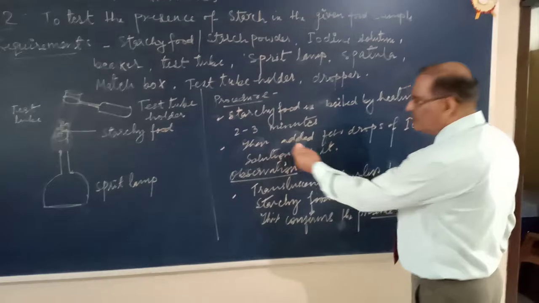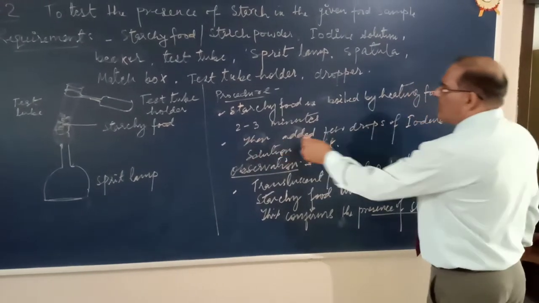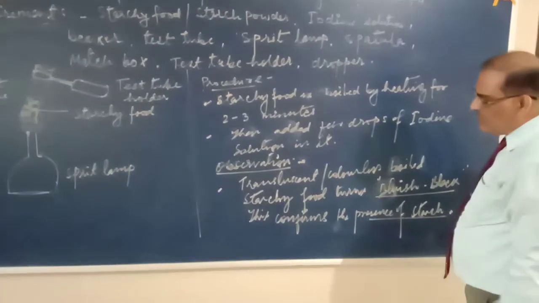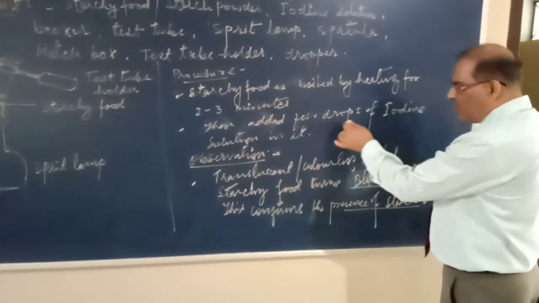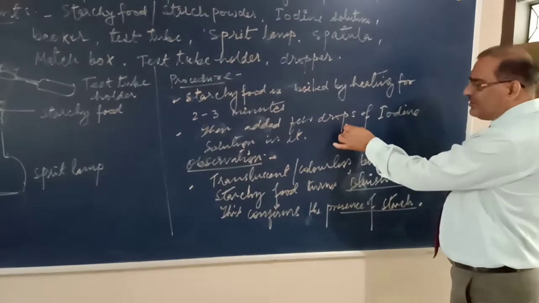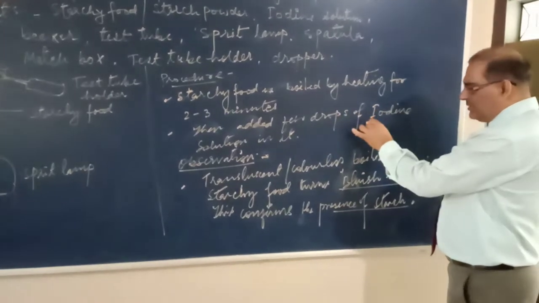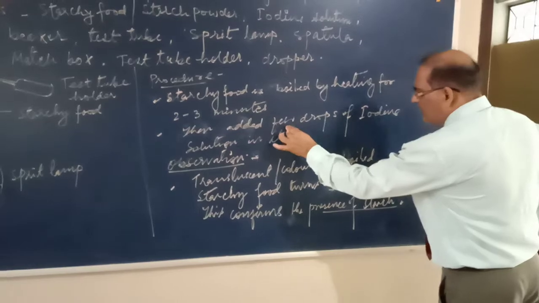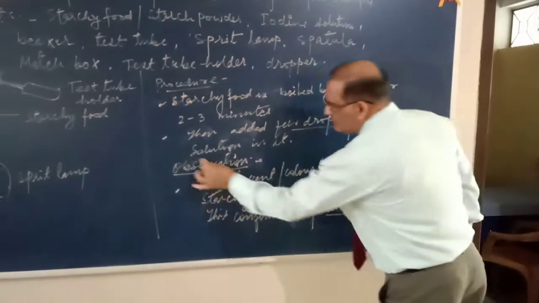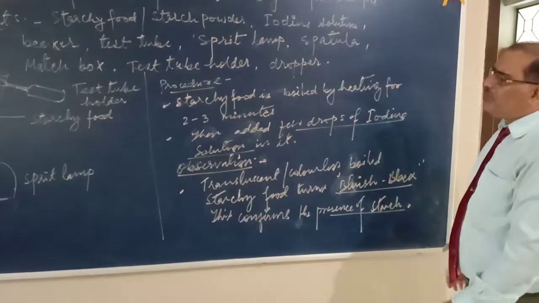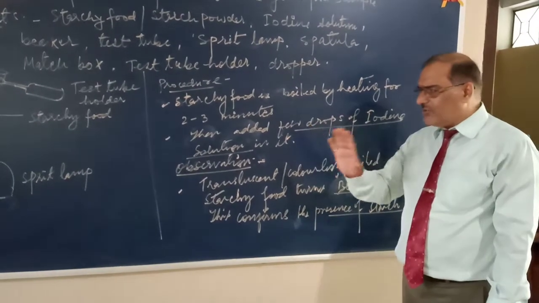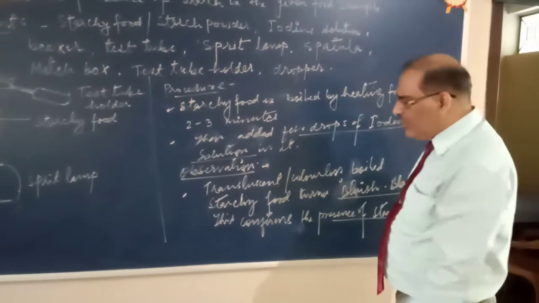Then, the next step is, we may pour the water out. We may take out the boiled food material. In the boiled food material, we have to add a few drops of iodine solution. Further heating is not required. Now let me come to the observation.